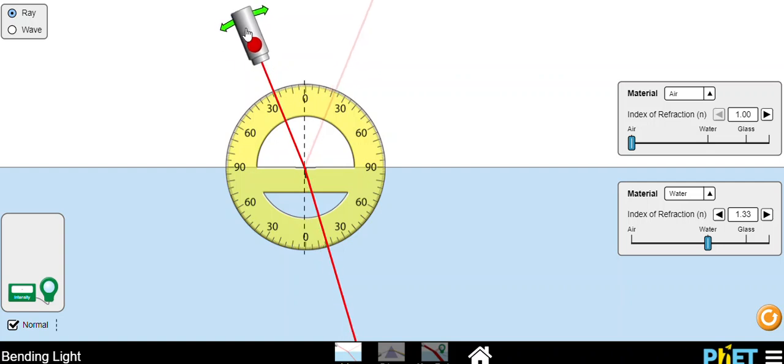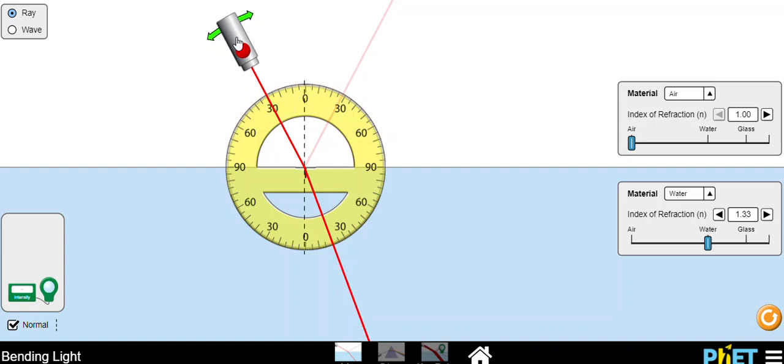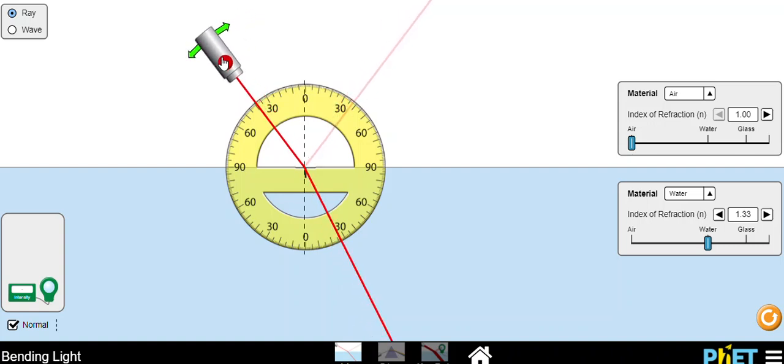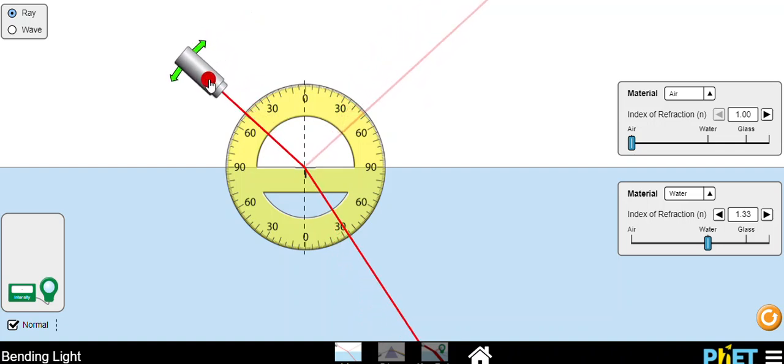Like that, you will be moving your incident ray through different angles and you are going to be recording. That means you're going to be writing on the table that is given what is the refracted ray and the reflected ray for each case, right?